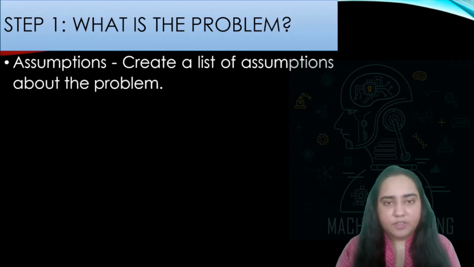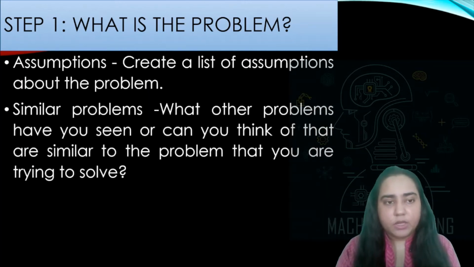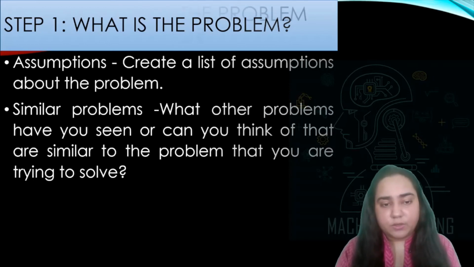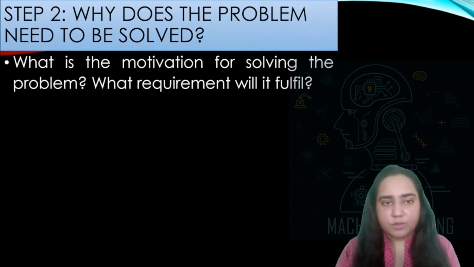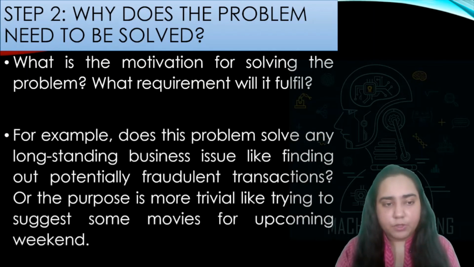Now, you can create a list of assumptions about the problem. Try to find similar problems as well. What other problems have you seen that are similar to the one you are trying to solve? Now let's move on to step 2, which is why does the problem need to be solved? What is the motivation for solving the problem? What requirement will it fulfill in future?